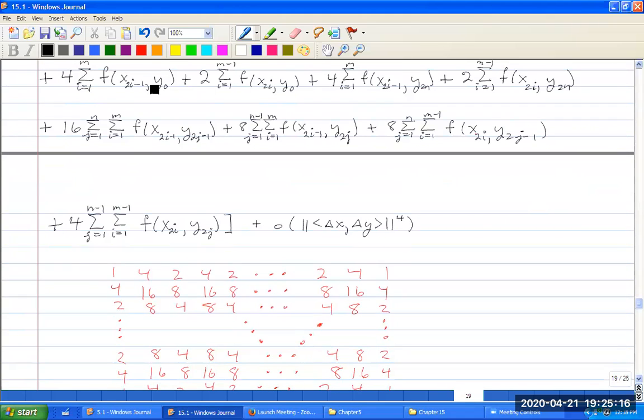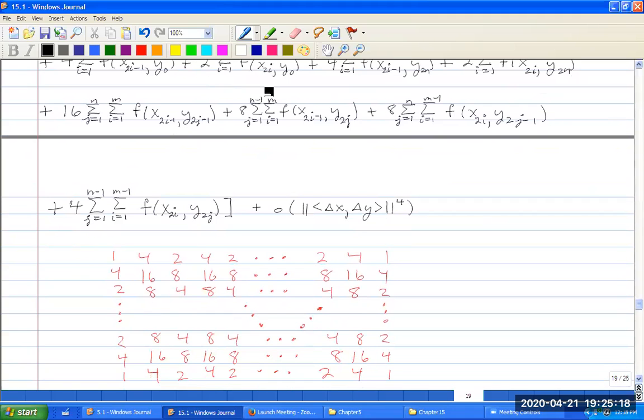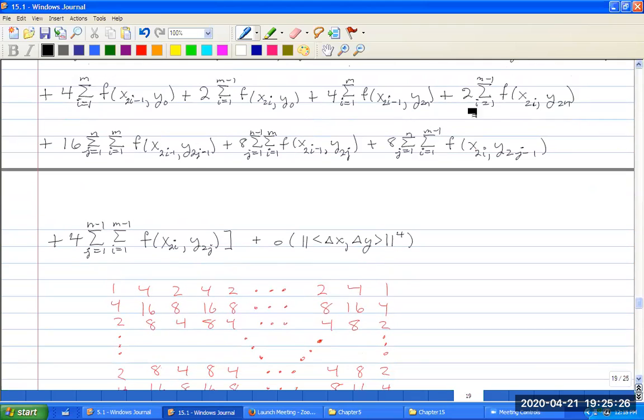This says if I look here at the bottom, it also alternates: 1, then 4, 2, 4, 2, 4, 2, 4, 2. This guy here is the top. It also alternates. It has 1s at the corners, which we already dealt with, but then it alternates 4, 2, 4, 2, 4, 2. So that was this last one.